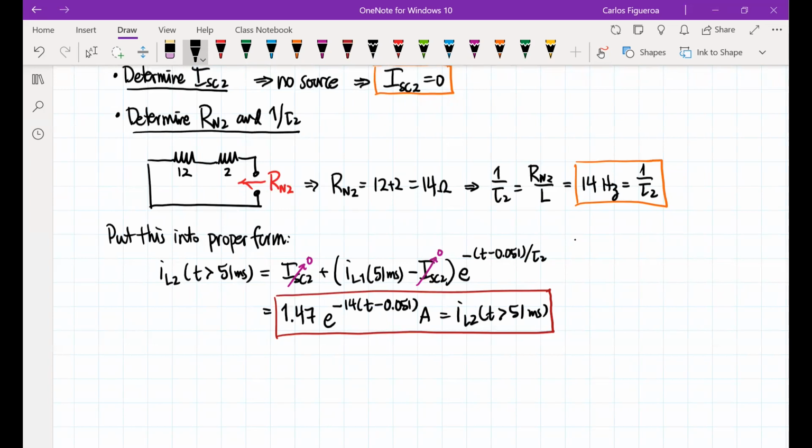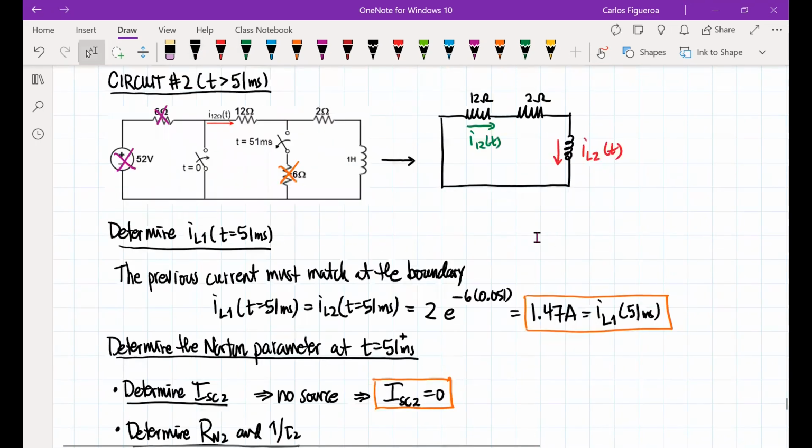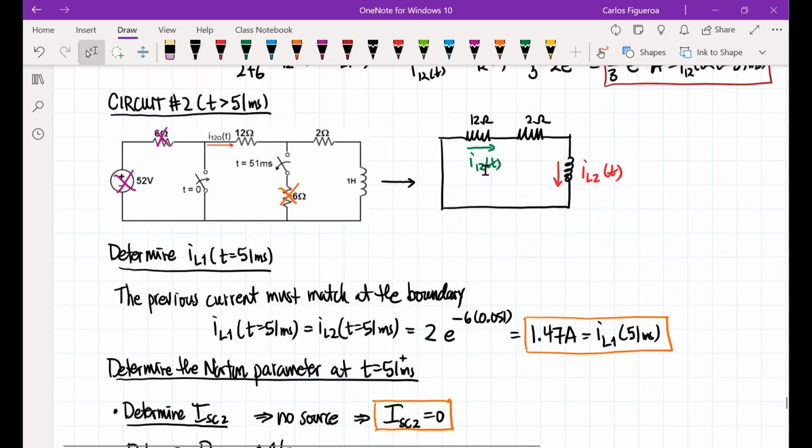Now let's go get I12. So I need to determine I12 for t greater than 51 milliseconds. So when I look at the circuit here, note that the I12 and the inductor are in series.